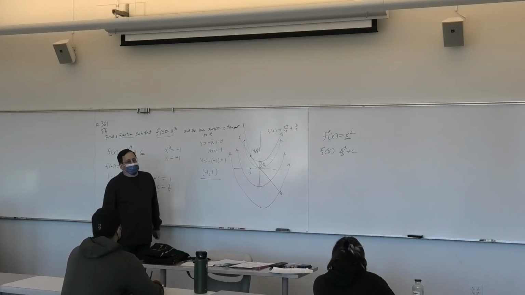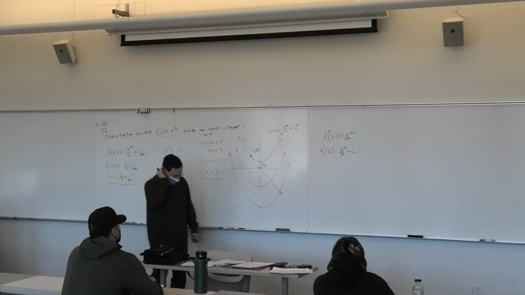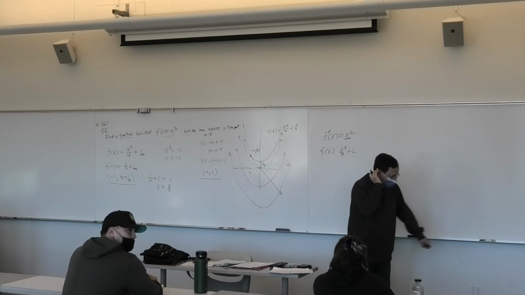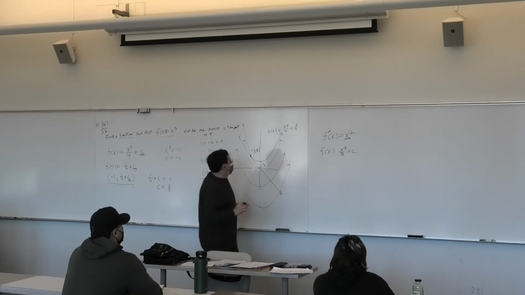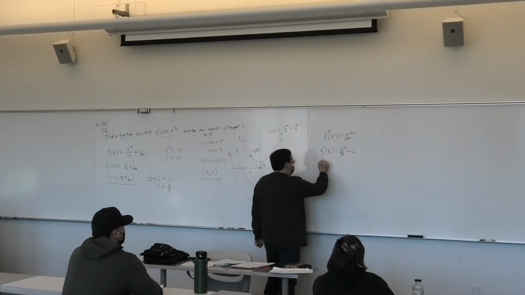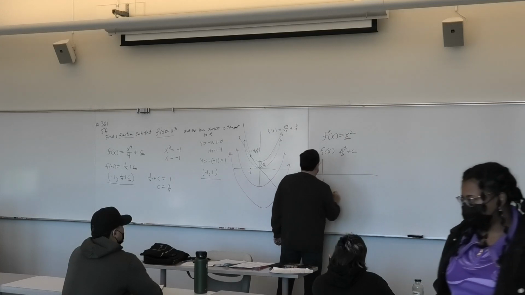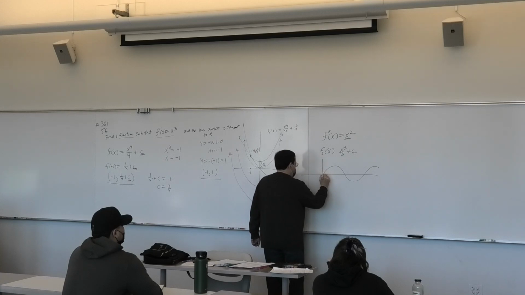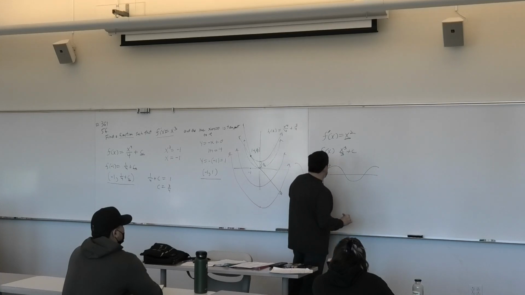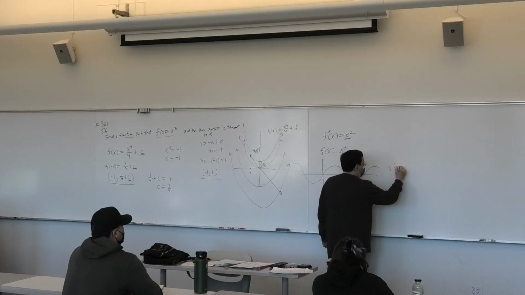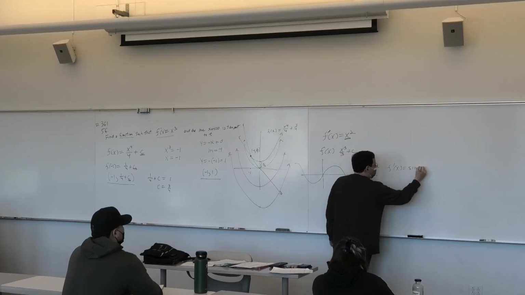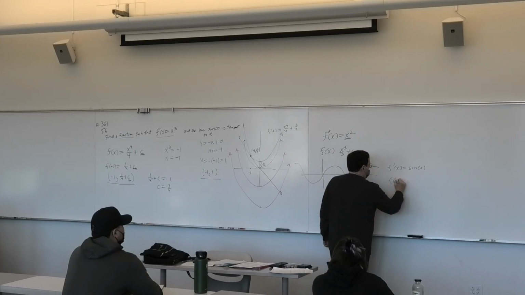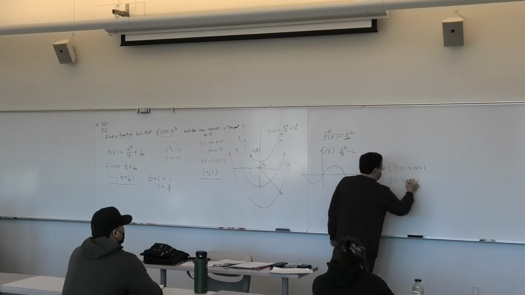I was thinking of a transcendental function, sine and cosine. Oh, well, that's much worse. We'll just draw. So this is the derivative, sine, and so the function is negative cosine plus c.